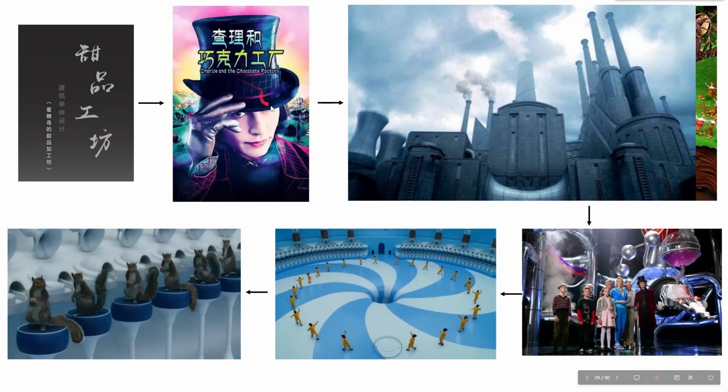I don't know if you have seen this movie, Charlie and the Chocolate Factory. They are all places to make candies. I'm looking at this movie's design of the factory.